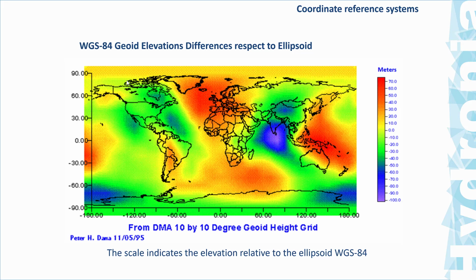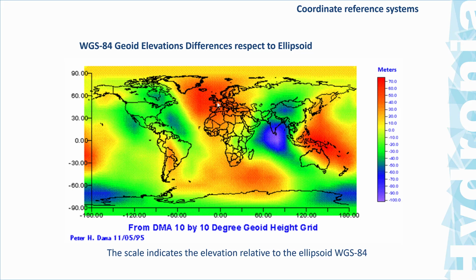The graph that you see on the screen represents the differences in elevation between the ellipsoid and the geoid. These two surfaces are not equal, depending on the difference in gravity, but since the ellipsoid is a more idealized form, there are differences in different parts.